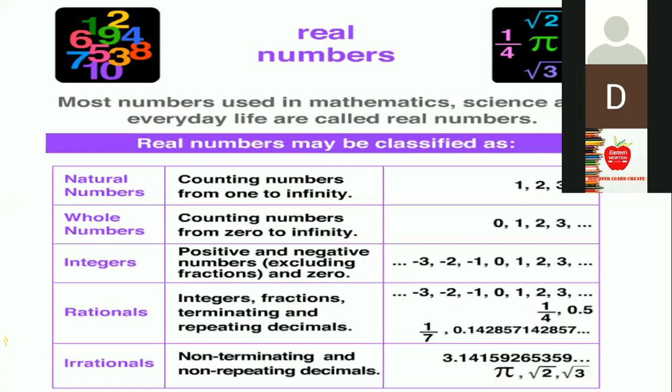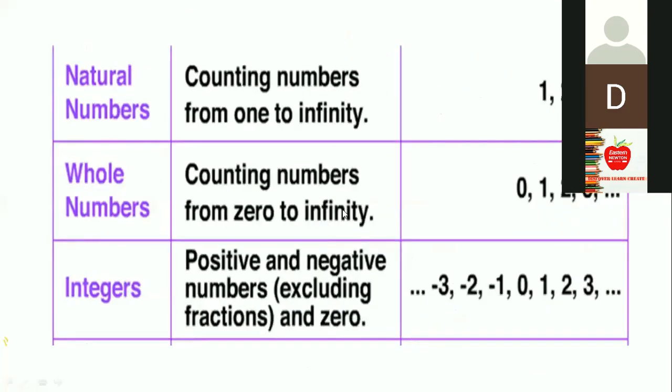In this whole collection, we are concentrating on the first three sets, which we are revising once again: natural numbers, whole numbers, and integers. These are the three collections we are dealing with in this chapter. First, natural numbers, which I have already told you, are the numbers we use to count, from 1 to infinity.